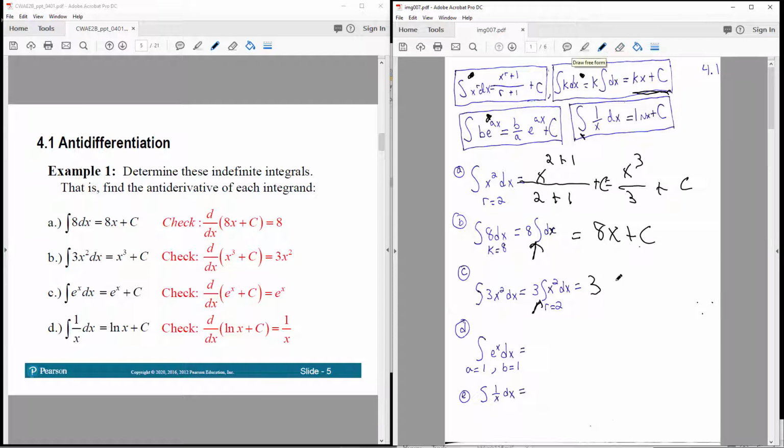So when I factor this out, I'm going to have 3 times x to the 2 plus 1 over 2 plus 1. And that's going to give me 3 over 3 x to the third plus c, or just x to the third plus c.